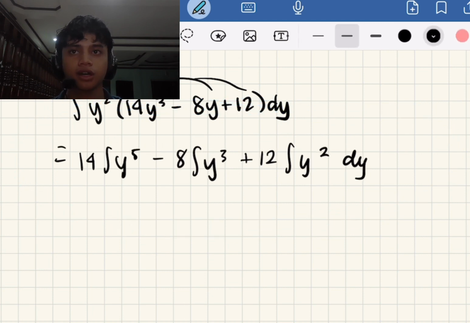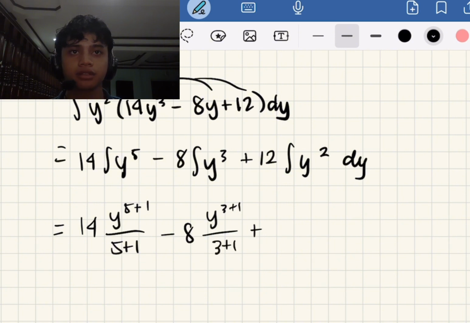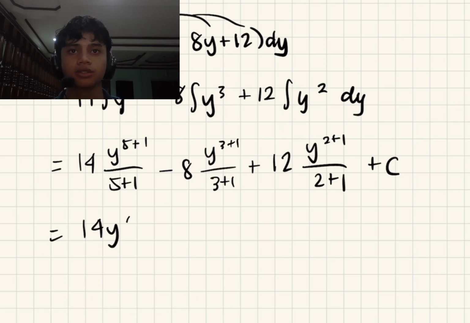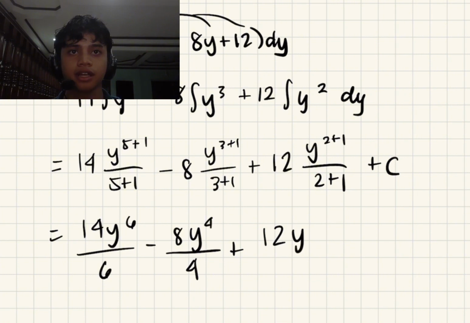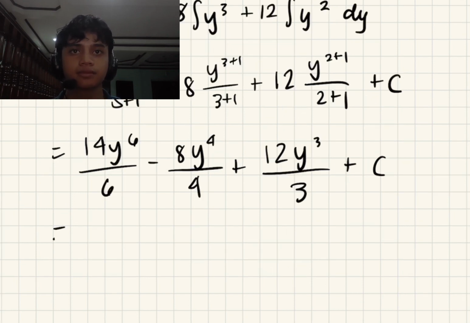This is equal to 14 y to the power of 5 plus 1 over 5 plus 1 minus 8 y to the power of 3 plus 1 over 3 plus 1 plus 12 y to the power of 2 plus 1 over 2 plus 1 plus c. This is then equal to 14 y to the 6 over 6 minus 8 y to the 4th over 4 plus 12 y cubed over 3 plus c.